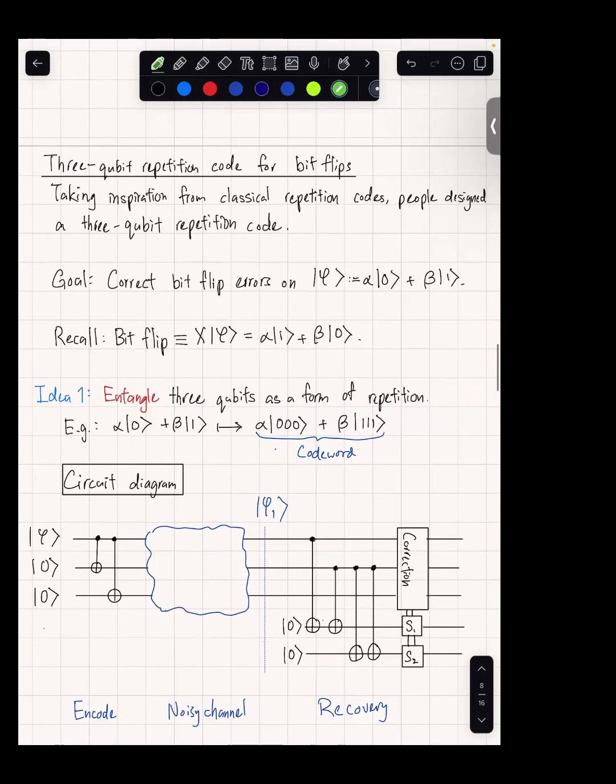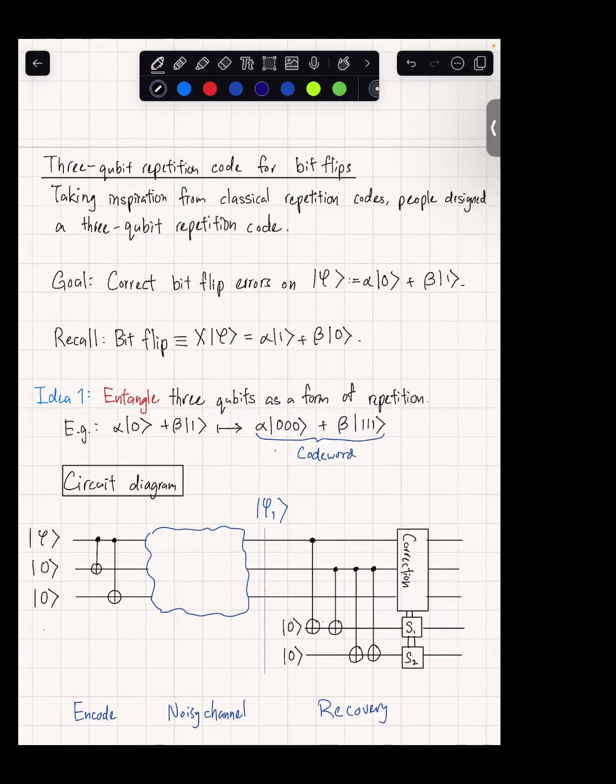Okay, so now let's move on to the first example of a quantum error correcting code, and this is a 3-qubit repetition code for bit flips. So as mentioned earlier, we'll take inspiration from classical repetition codes, and the goal of this code is to correct a bit flip error on an arbitrary qubit phi. So the first idea here is to repeat the qubits.